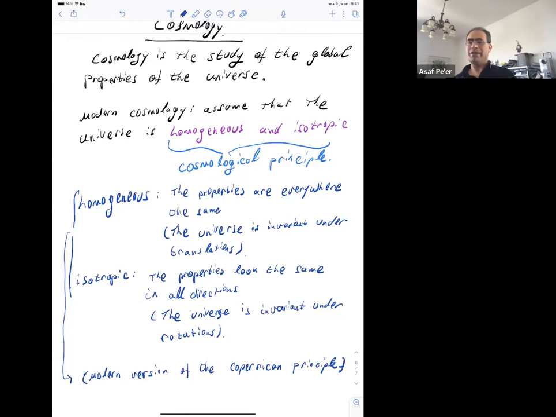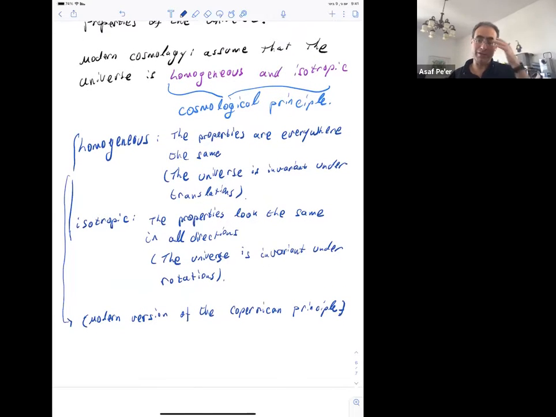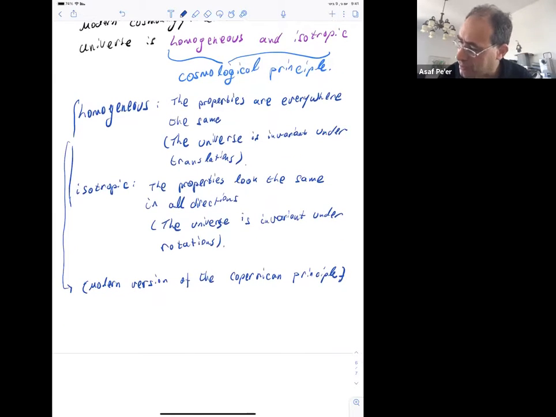But we believe, and we have good reasons to believe, that when we look on a large enough scale, this is correct. When I say large enough scale, of course, it's not the scale of the Earth, it's not the scale of the solar system, it's not even the scale of the galaxy. It's scales which are much larger than that. So I should say that these two assumptions are believed to be correct, but only on a very large scale, scales much greater than a galaxy.